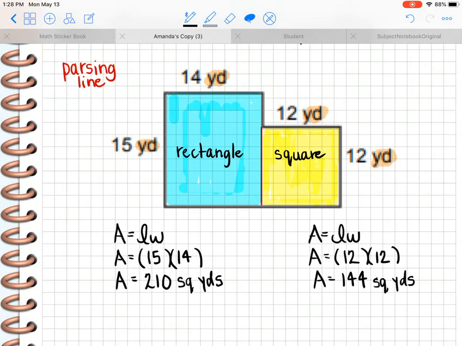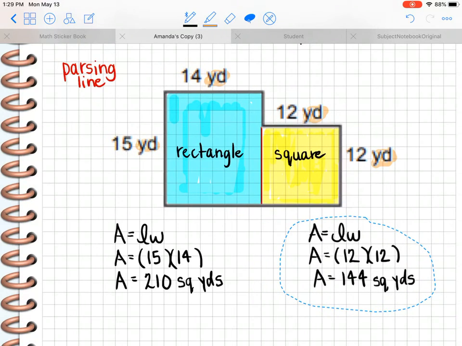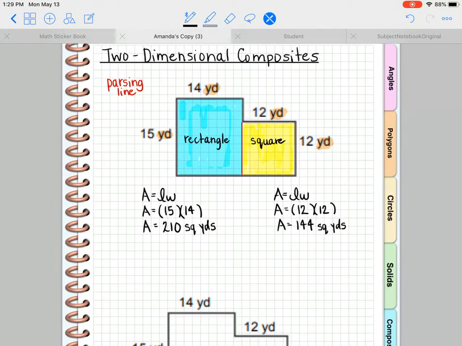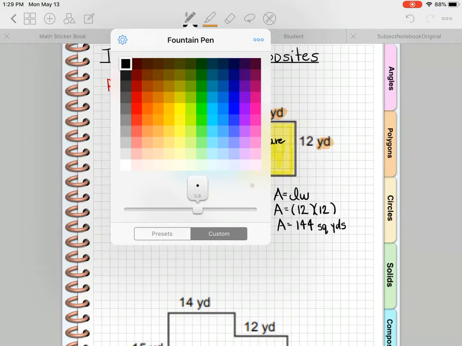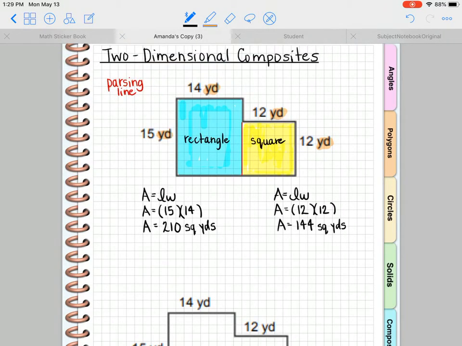Okay, remember though, this is a composite. We're not just interested in one or the other shapes. We're interested in both of them together. So I need to take the two pieces that we have and put those together.